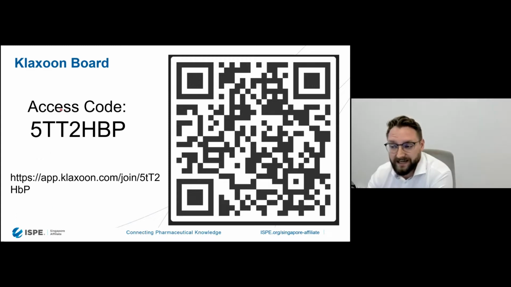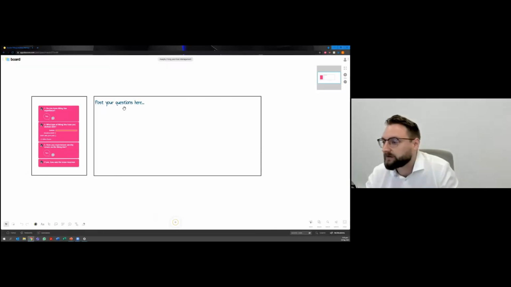You have to have this access code to get into the Klaxoon session. If you want to use your phone, you can scan this QR code. It's an app. You can download the app really quick, and it's the same access code to get into it. That's in the chat for Zoom.